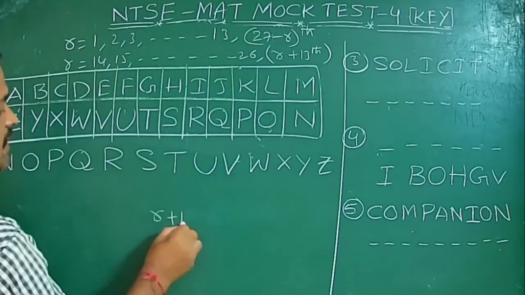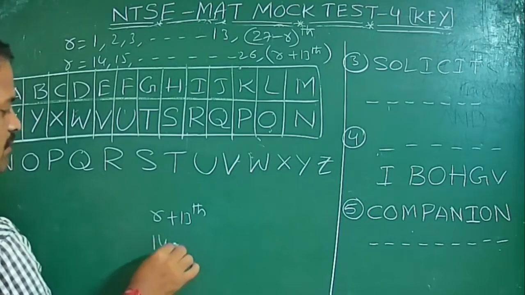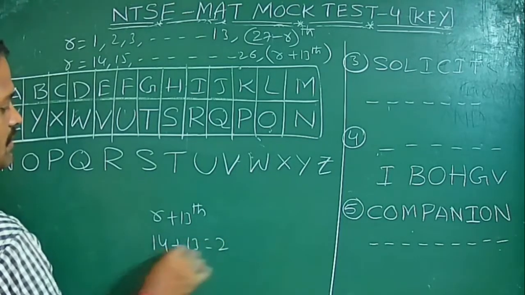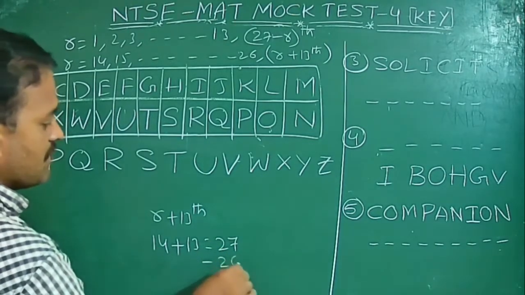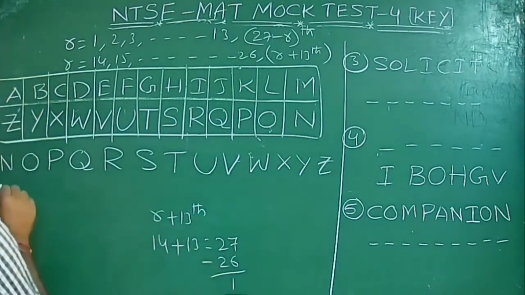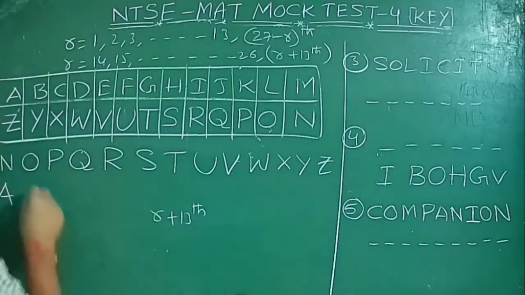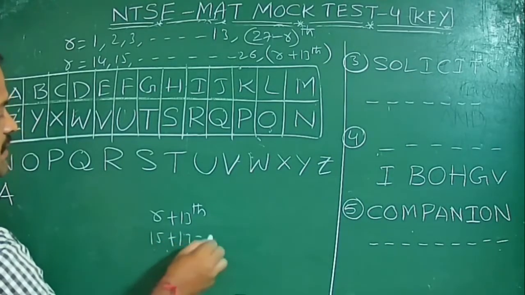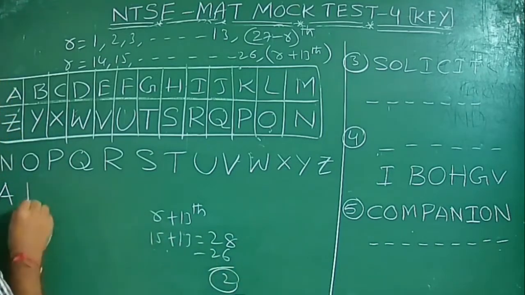R plus 13. N is 14 only, so 14 plus 13 is 27. For the 27th letter, subtract 26, which means 1, so it is A only. Similarly, O equals 15, and 15 plus 13 is 28. 28 minus 26 means 2, so it is B only.